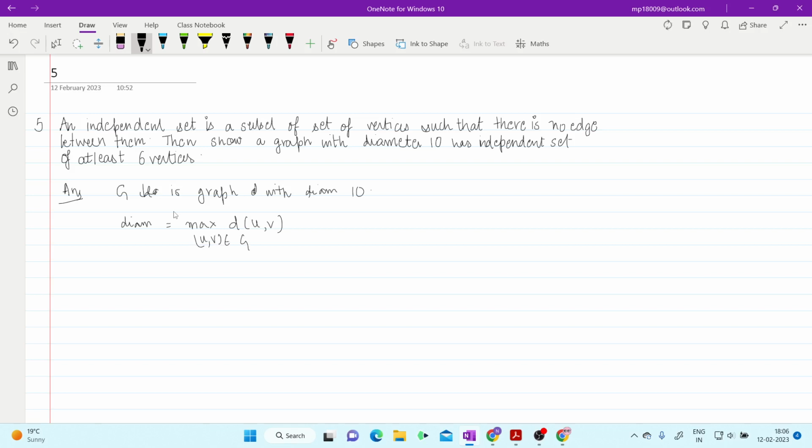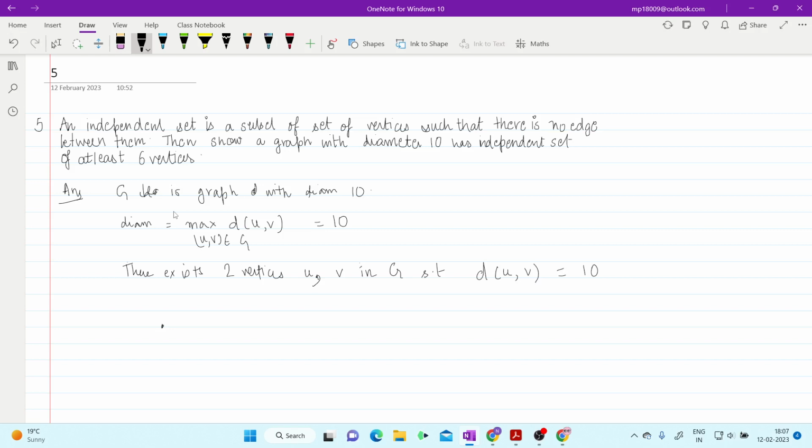So if this is coming out to be 10, that means there exist two vertices u and v in G such that the shortest path between them is 10.